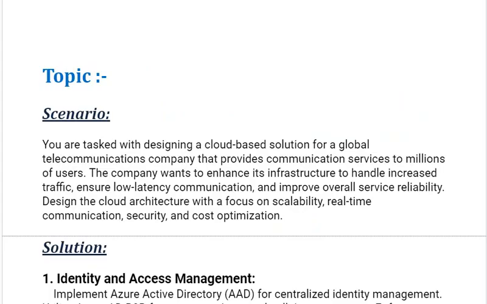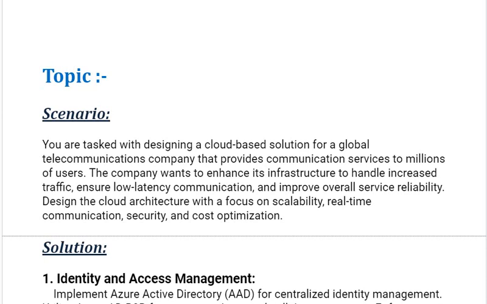Now moving towards the scenario-based interview question. Our scenario is: you are tasked with designing a cloud-based solution for a global telecommunications company that provides communication services to millions of users.